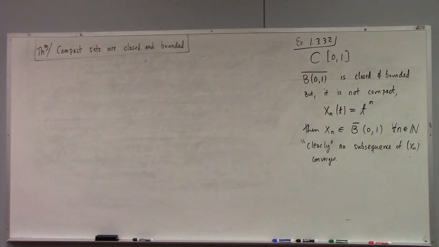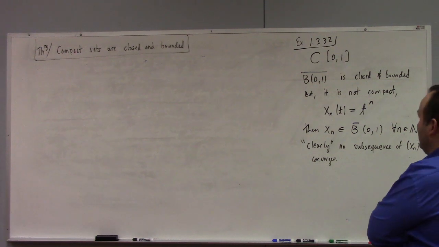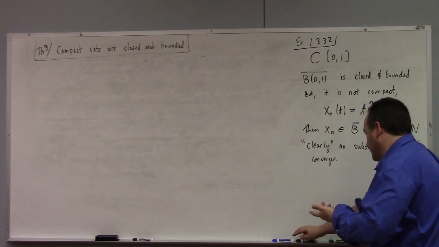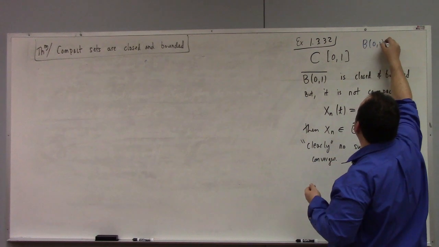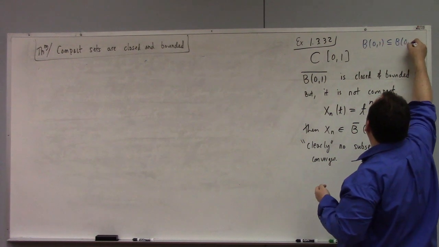Let's see here. So first of all, we agree it's closed, and we agree it's bounded, right? That much is clear, because it's literally contained. Let me just start out by saying positive things, which are easy. Well, if t is less than or equal to 1, this is definitely true.